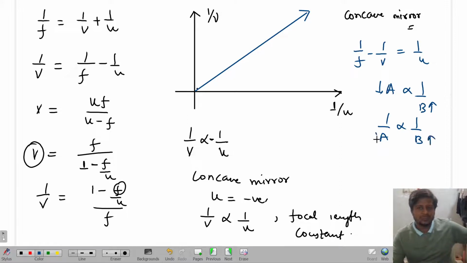Then if B increases, A also increases, and if B decreases, A also decreases. Proportionality is not going to change anything, it just changes. If I take 1 by A, they become directly proportional to each other. Understood or not? Tell me.